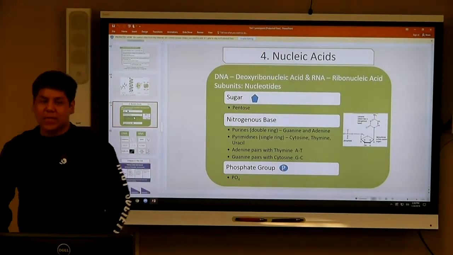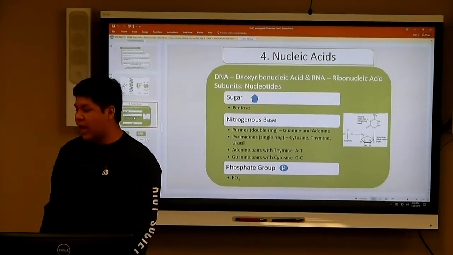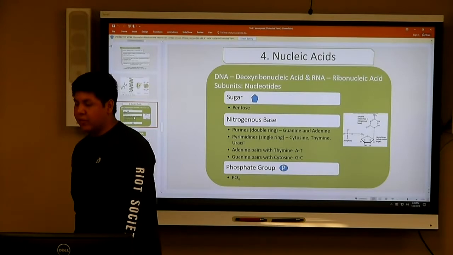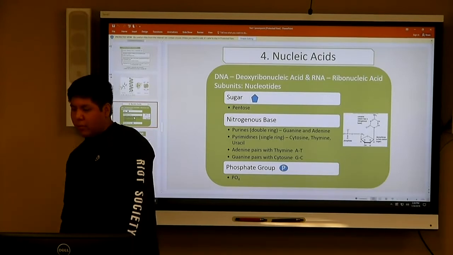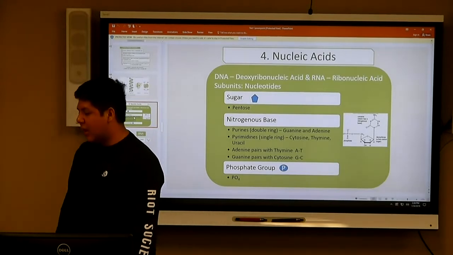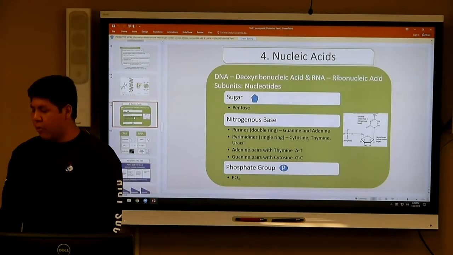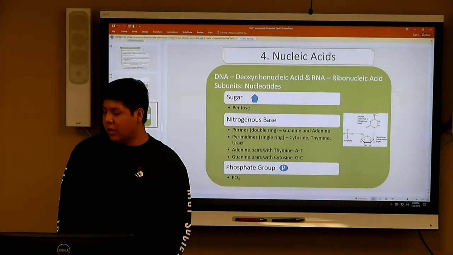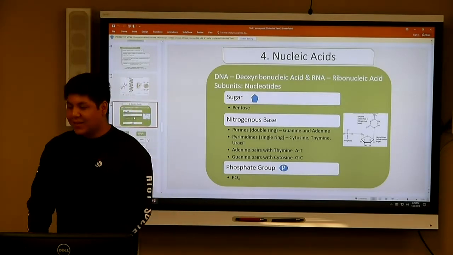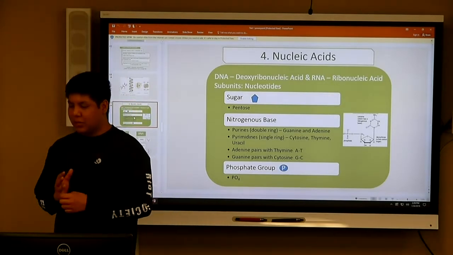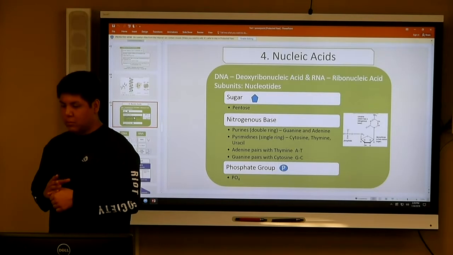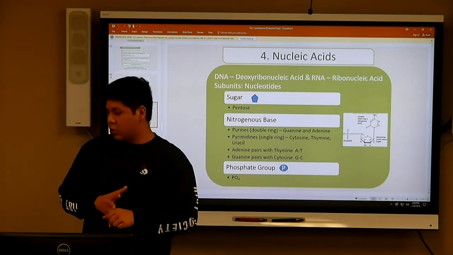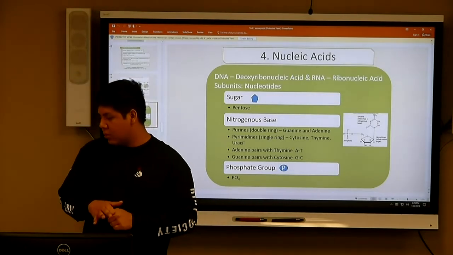I'm going to go over this, and this is the last one. Nucleic acids: DNA, deoxyribonucleic acid, and RNA, ribonucleic acid. The subunits are nucleotides: a pentose sugar and a nitrogenous base.